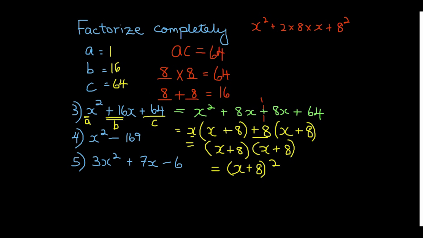Then from here now, you'd say, well, okay, this completely factorized form would be the square root of the first term, square root of the second term. And both your binomials would look like that, because it's a perfect square. And again, because it's a perfect square, you can write it like that.